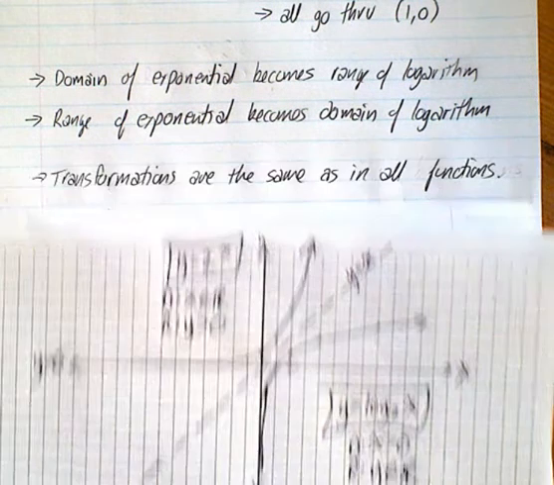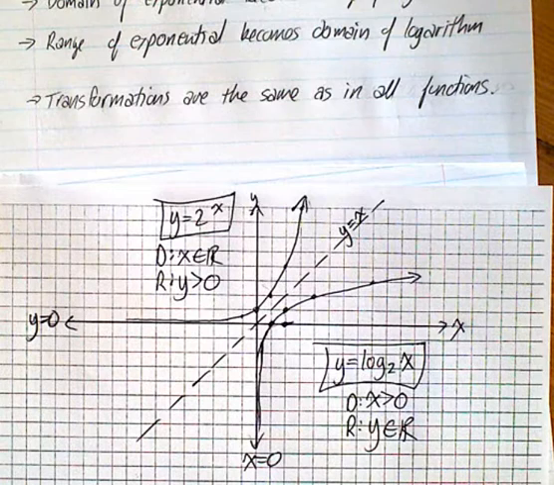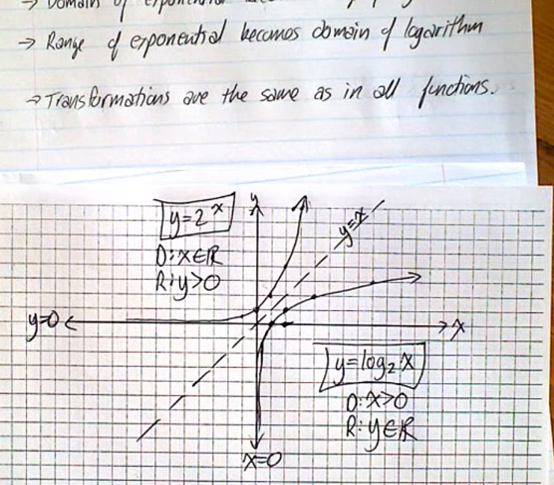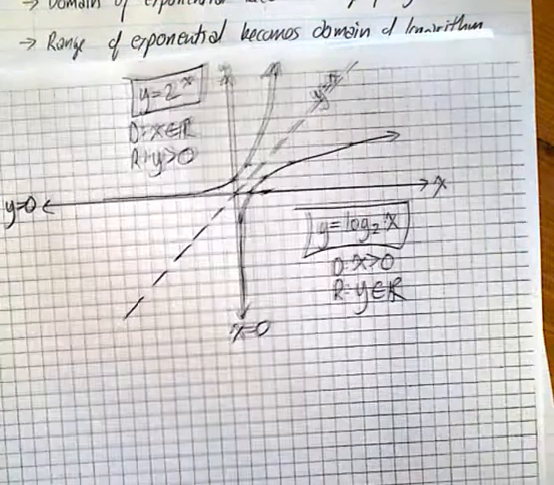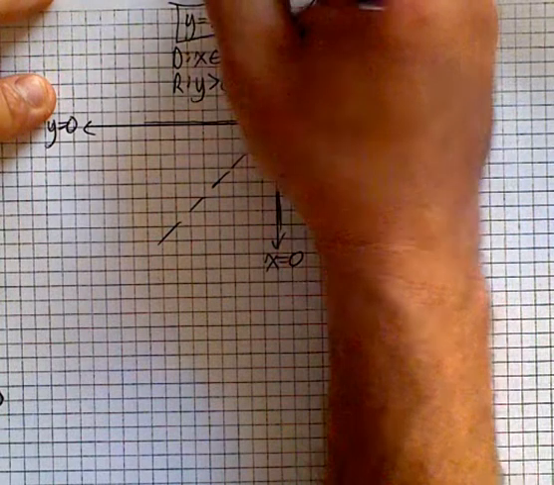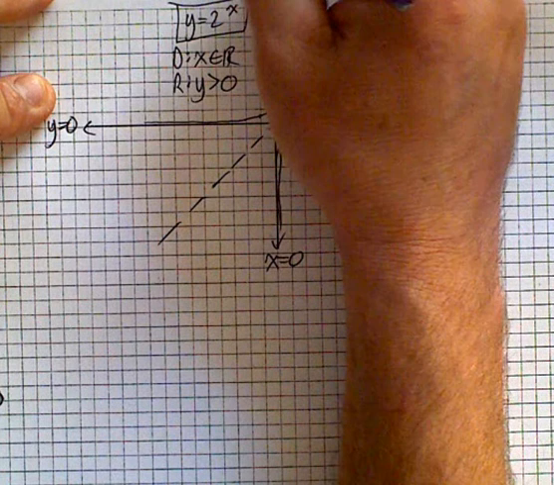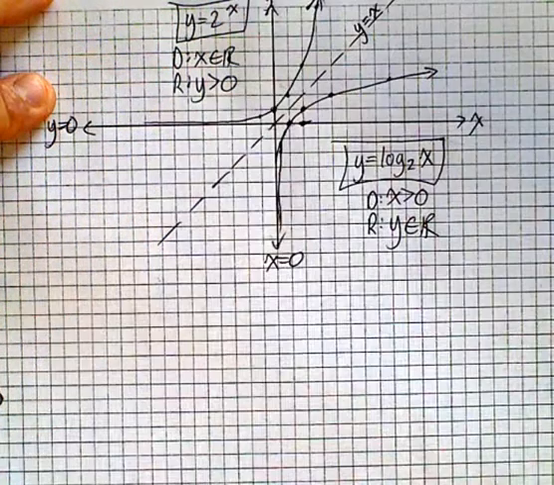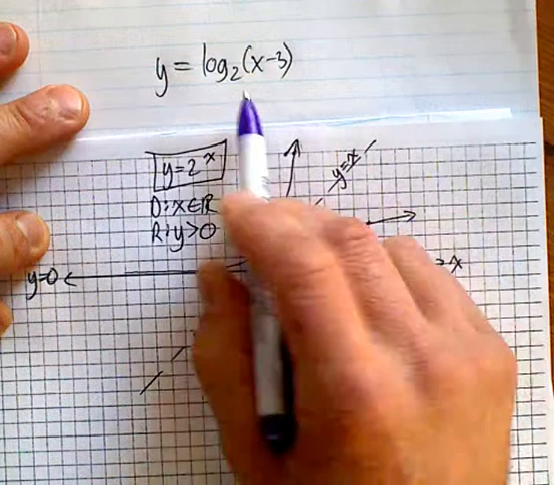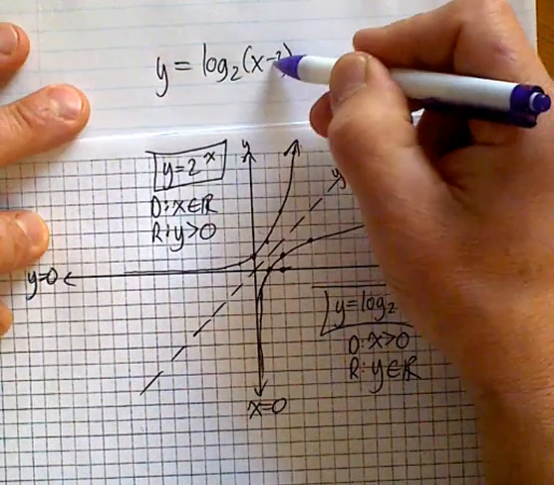Last thing I want to say is that the transformations, just like always, are the same as they are in every single other function that we've looked at. Okay, so if you're going to take this thing right here, and you're going to write down something like this: y is equal to log base, I don't know, 2 of x minus 3. You look at this thing here, and what are you going to say? Well, you've changed the x.